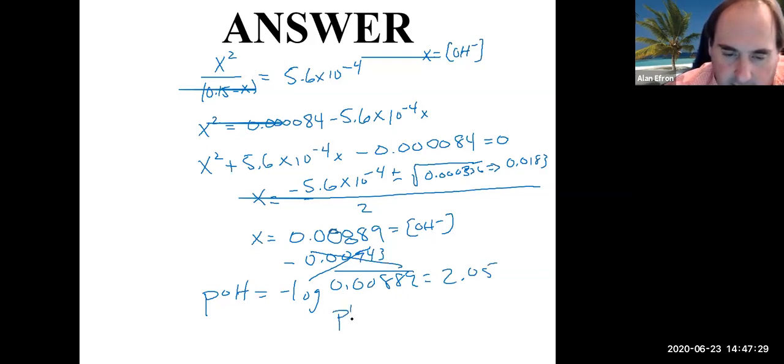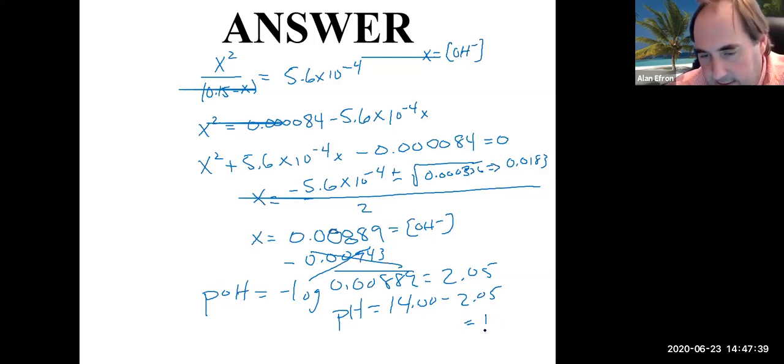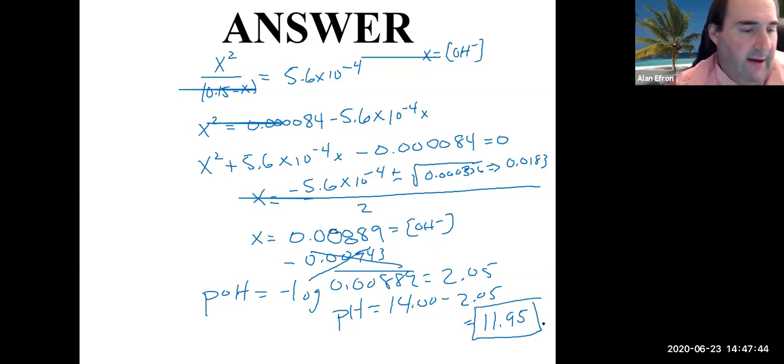And then obviously our pH would be 14 minus that. 11.95 looks like a winner there. And that would make sense, as obviously it is a base, and that is a basic pH.